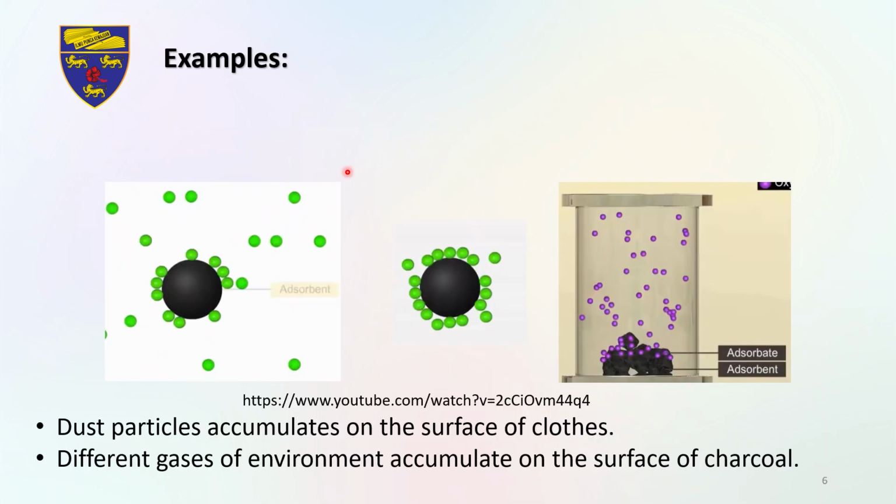We see adsorption daily. Think of dust particles accumulating on clothes or various environmental gases collecting on the surface of charcoal. In these cases, the clothes or the charcoal act as the adsorbent, while the dust or the gas is the adsorbate.